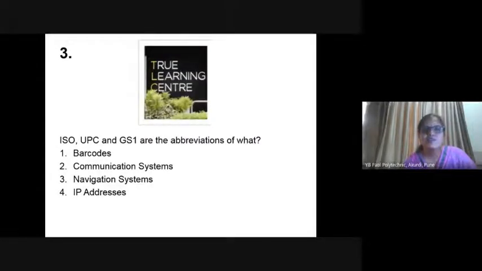Okay, third question. ISO, UPC, and GS1 are the abbreviations of what? First, barcodes. Second, communication systems. Third, navigation systems. Fourth, IP addresses. Note down the question number and option number.